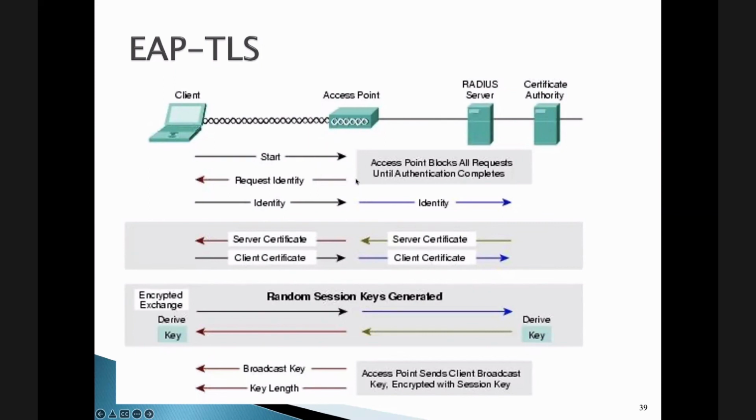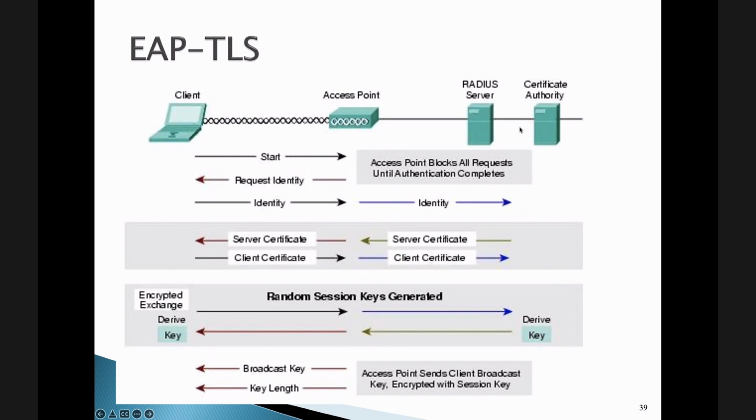Now the access point sends back a message to the client asking for identity: who are you? The client will provide the identity to the access point, and then the access point will send this information to the server and to the authority.